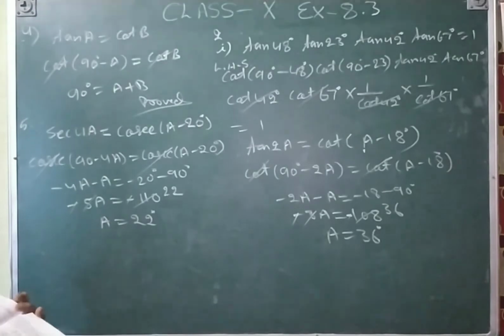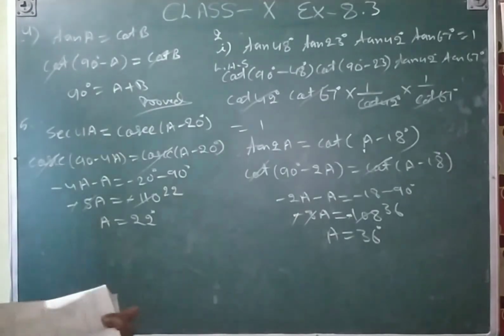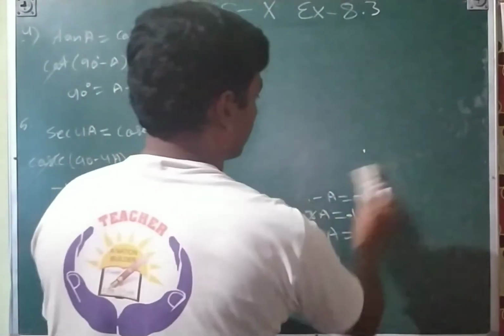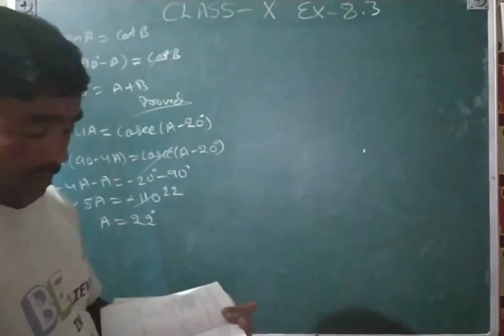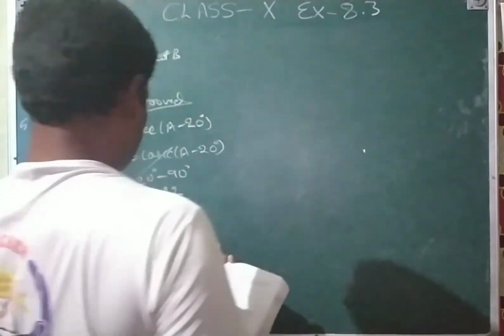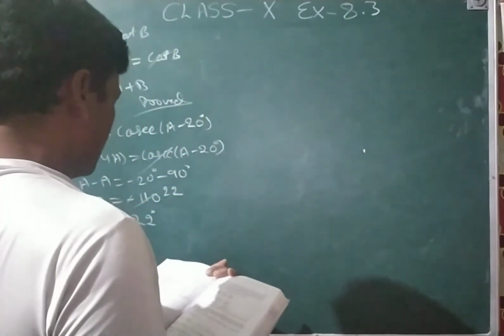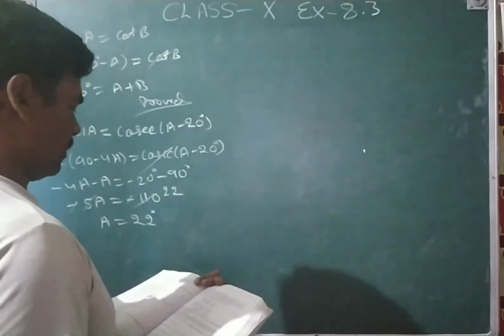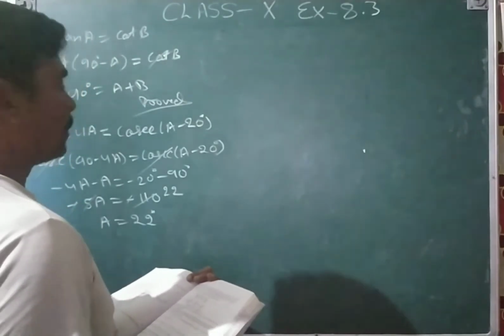And then the sixth question. This is just a lengthy question. If A, B, C are the interior angles of triangle ABC, then show that sin (B plus C) upon 2 is equal to cos A upon 2.